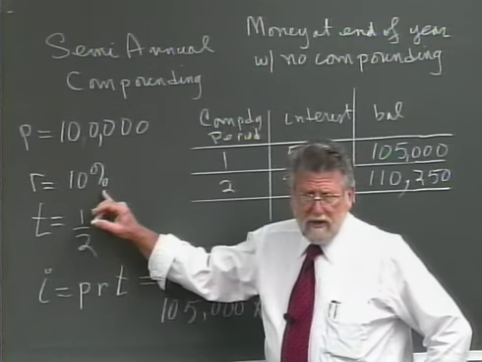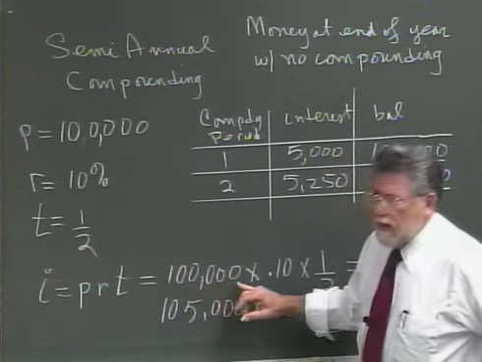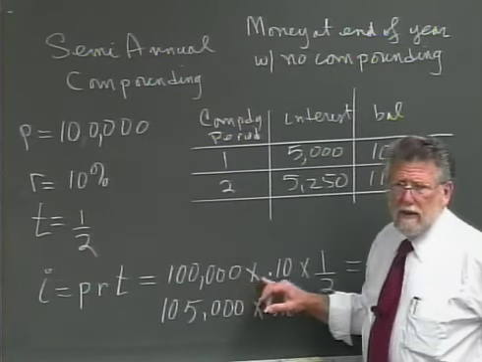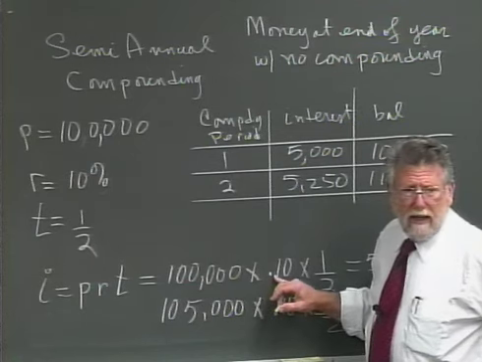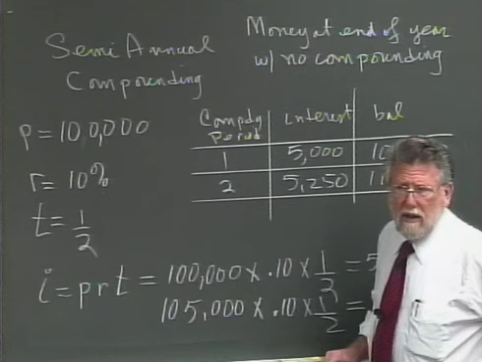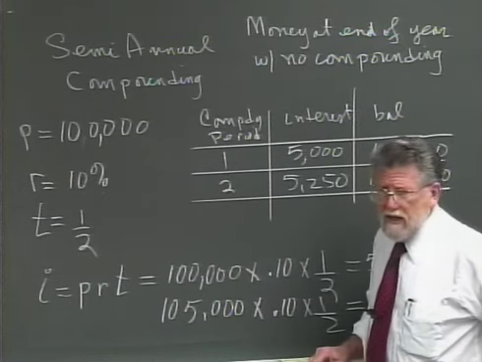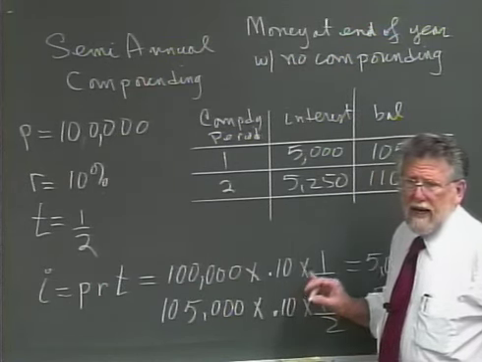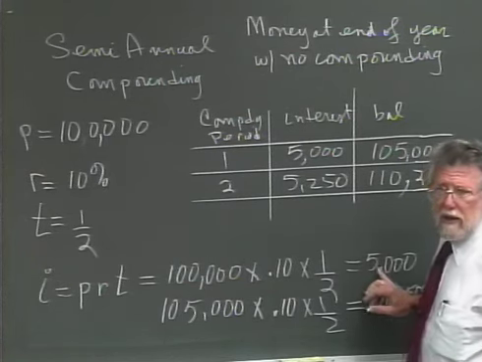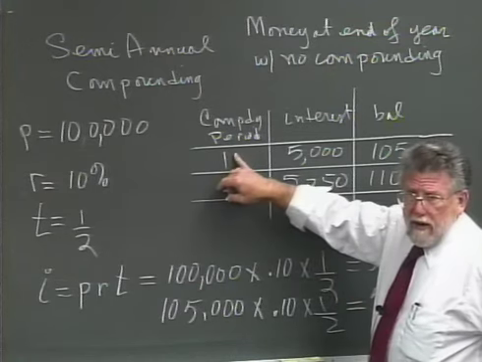So if I can get a 10% interest rate, here's what I do. I multiply 100,000 times 0.10, and your time is the fraction of the year. And the fraction of the year is 1/2 the year. So we get $5,000 out of this compounding period.